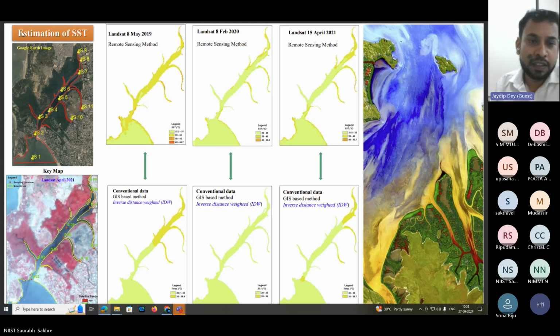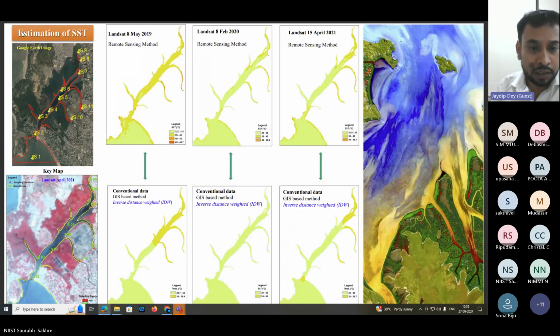This is the result of my study. This sea surface temperature has been retrieved from remote sensing technology, for the conditions of 2019, 2020, and 2021. When the satellite was passing over this region, I collected samples on the same day and at the same time, for 3 different times, so that they can be correlated.